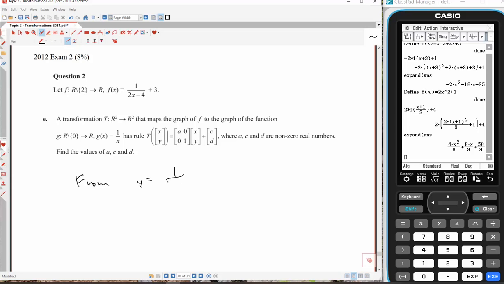So y equals 1 over 2x take 4 plus 3, to y equals 1 on X. Y take 3 equals 1 over 2x take 4, to y equals 1 on X. Okay, so that's dash and that's dash.